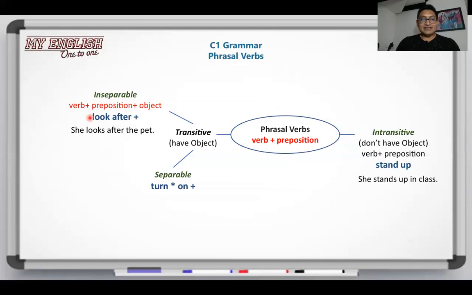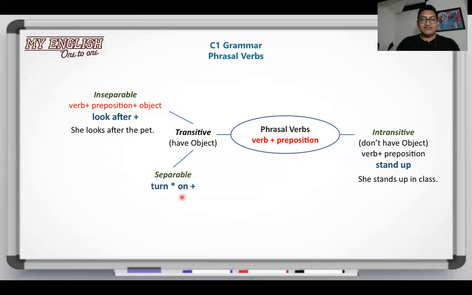When you have a phrasal verb with a plus symbol, this means that it is an inseparable transitive phrasal verb. Remember, a plus symbol means inseparable transitive phrasal verb.